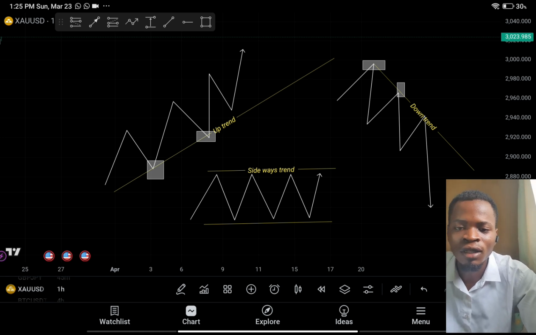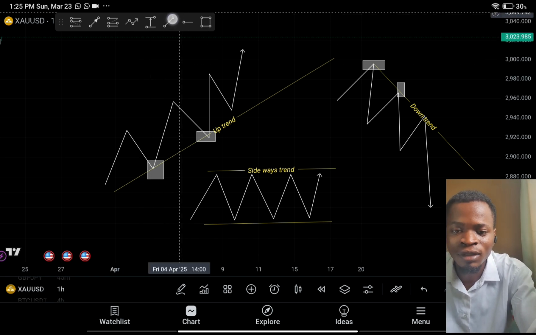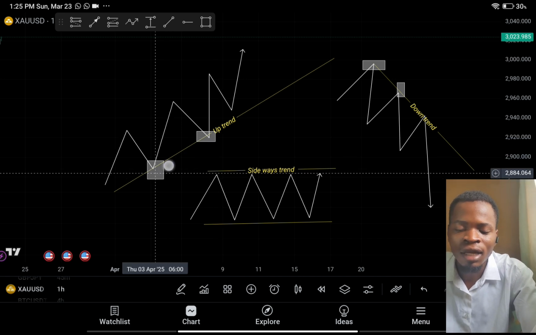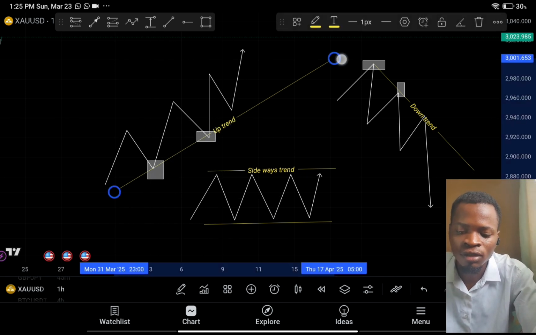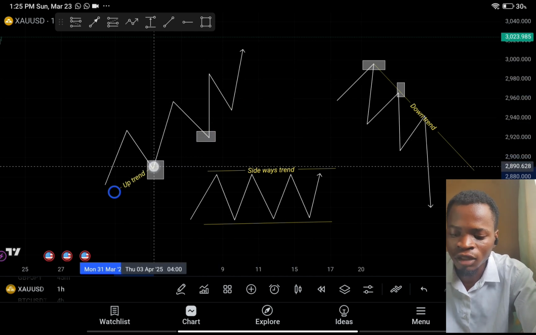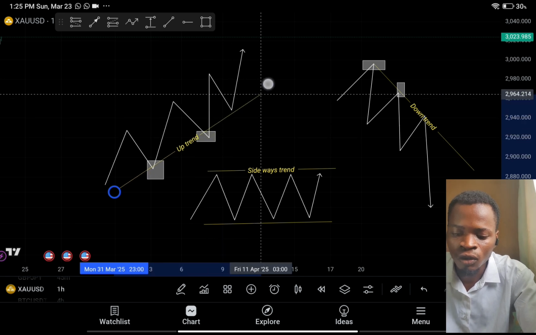So using trend line is very easy. This is how to draw your trend line. First of all, you go to your toolbar, you pick your trend line tool. You will just look for any higher highs and higher lows in the market, then you will just connect it like this. Once it's touching, this is the first touch, this is the second touch, and this is the third touch.